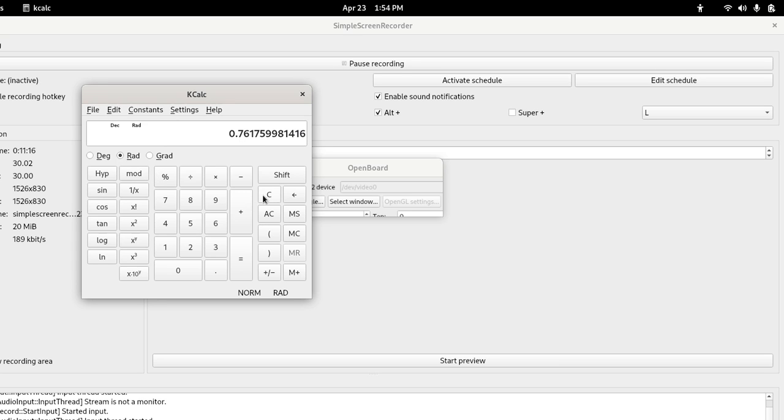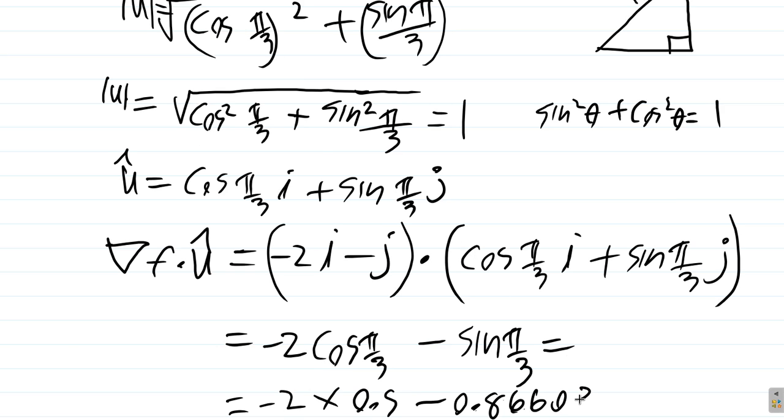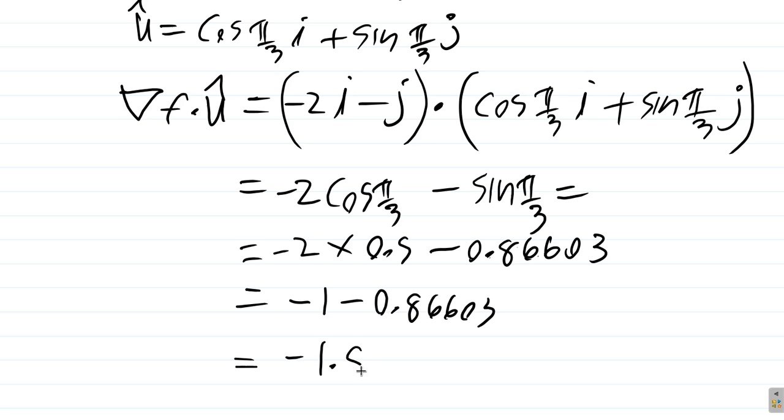It's 0.86603. But then, negative 2 by half is 1, so it's negative 1. So negative 1 minus 0.86603, what you get is negative 1.8660. That is it to 3 decimal places.